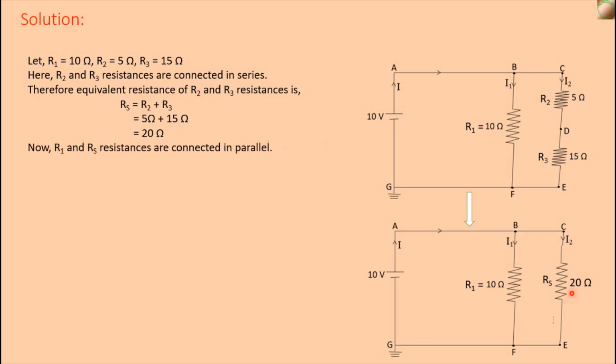Now R1 and Rs resistances are connected in parallel. This is the resistance R1 and this is Rs, the equivalent resistance of R2 and R3.